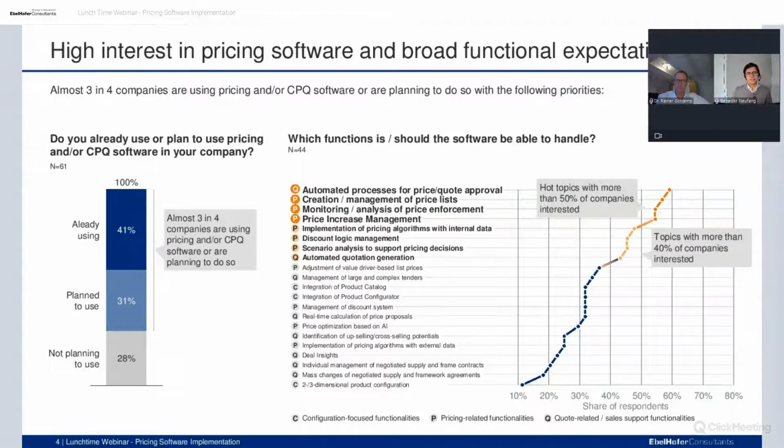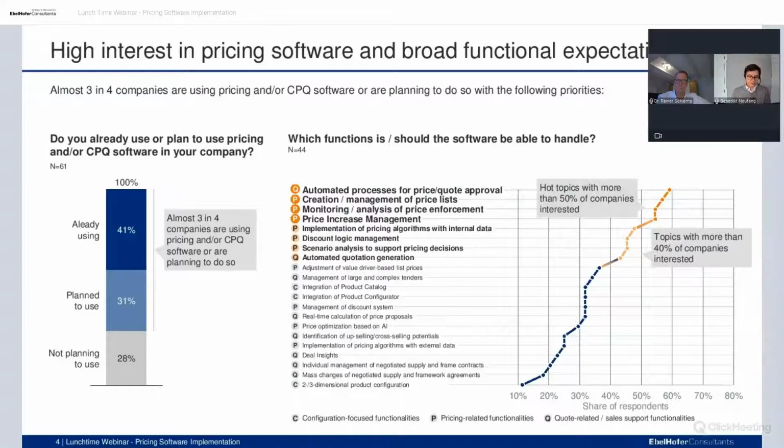And then finally, the question of increasing the degree of quote generation automation. This is also something that we come across quite frequently. Laying out quotes, sending out quotes to customers is oftentimes still a very manual process. Sometimes it's done in another system or in an ERP system, not in the CRM.